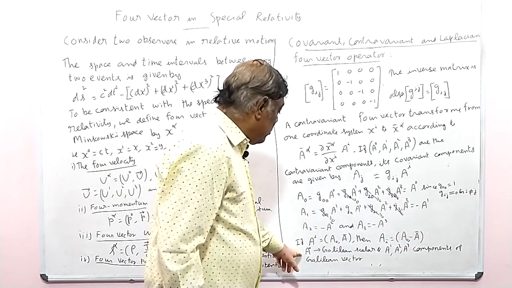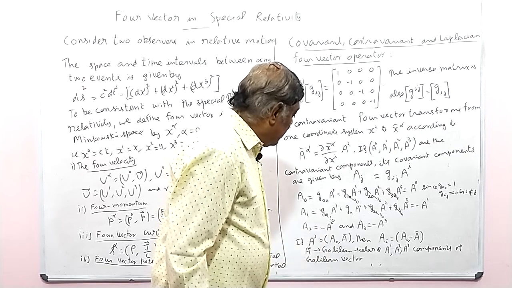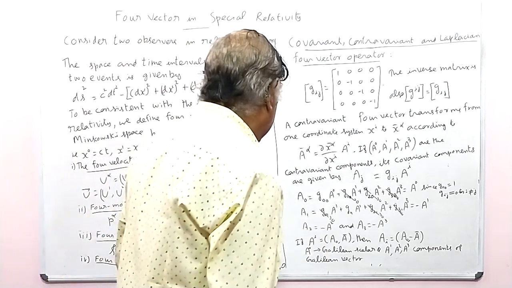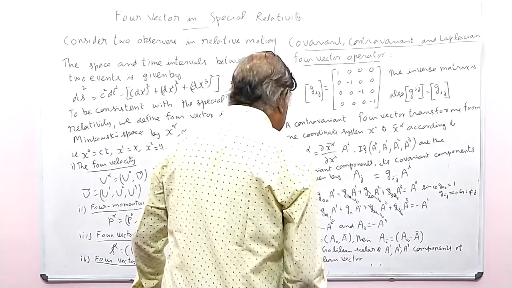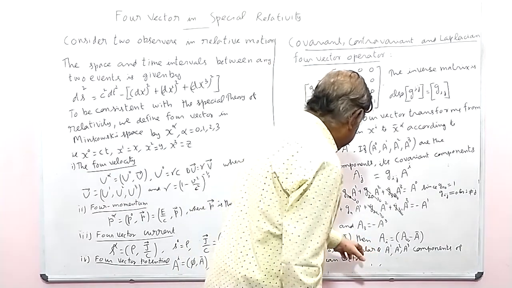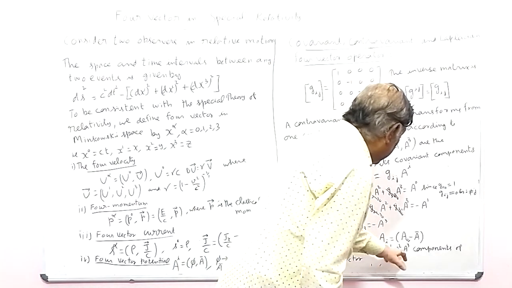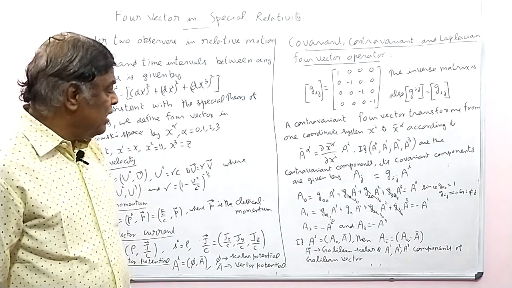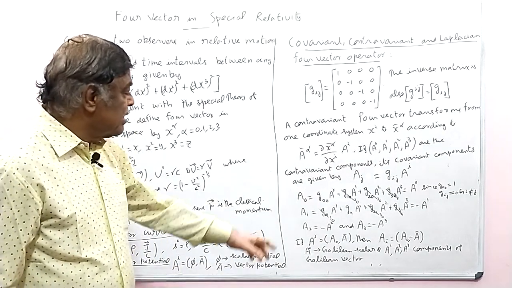This A^0 is called the Galilean scalar, and the vector A, with components A^1, A^2, A^3, is the Galilean vector.